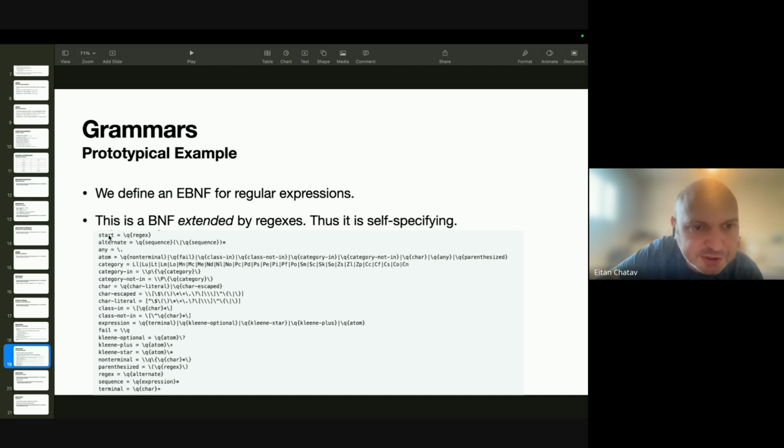We start at start, and then it says this is a non-terminal regex, so then we jump to regex. This is non-terminal alternate, so we jump to alternate. Okay, then we have a sequence, and we're sequencing.